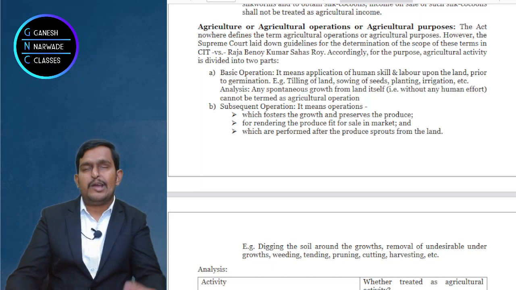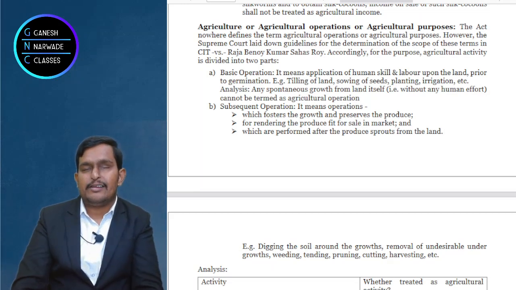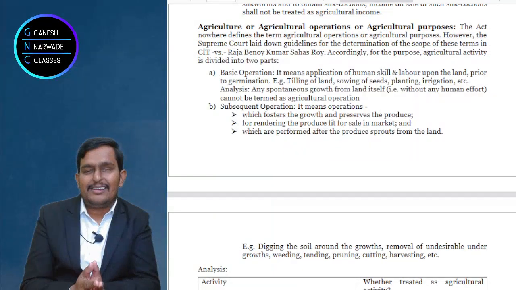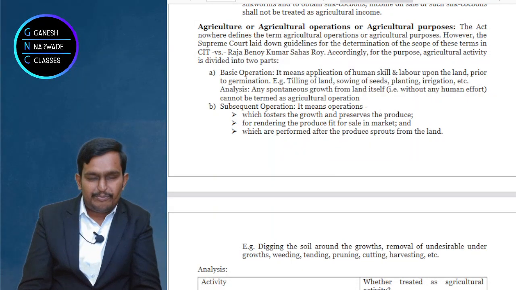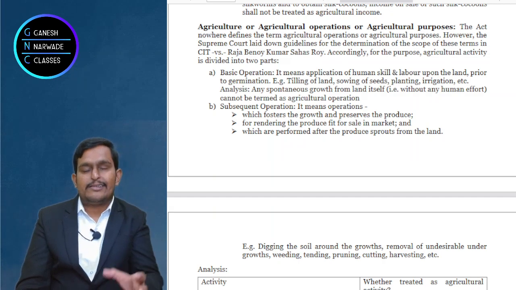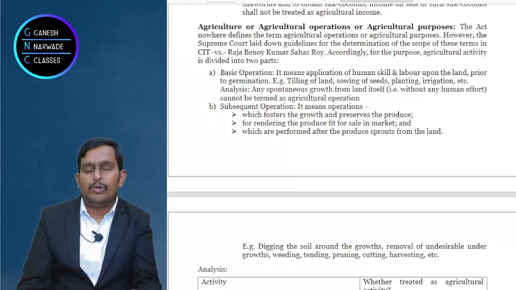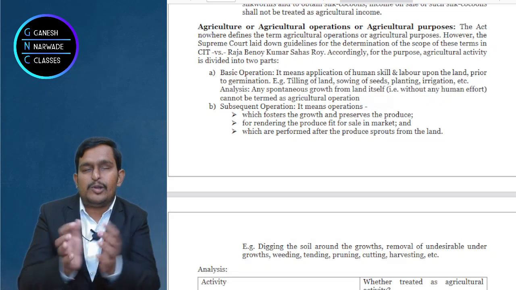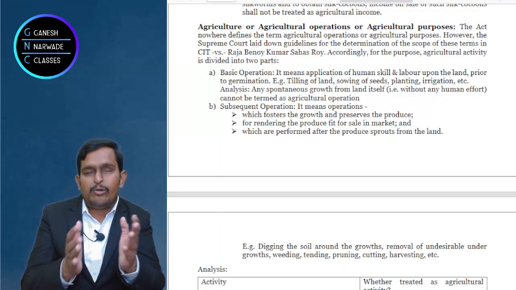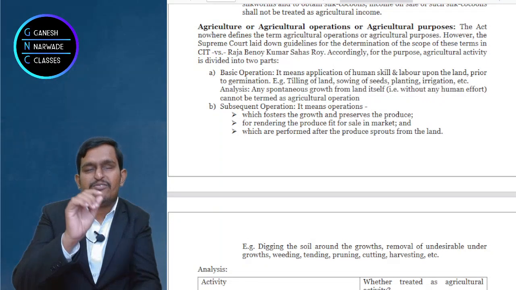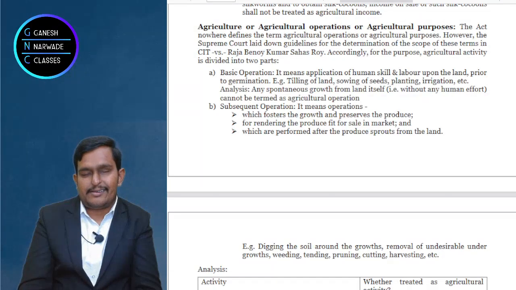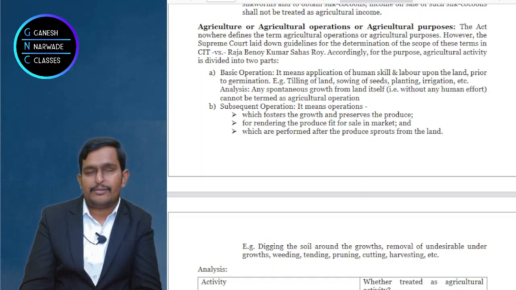But then you may ask me a question, sir, what is subsequent operation? After germination everything is subsequent operation. For example, once the produce starts sprouting out, you are helping the produce to grow, you are protecting the produce, or you are doing something which makes the produce fit for sale. All such operations are subsequent operations.